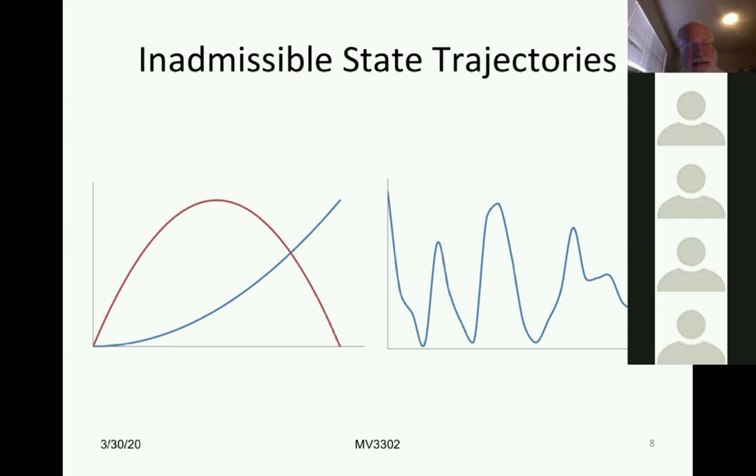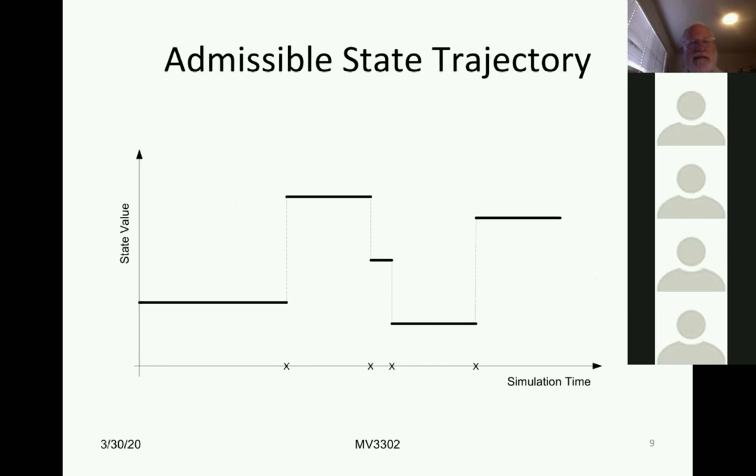Now, that may seem overly restrictive. It turns out it is not as restrictive as you might think, but let's just hold on to that. One of the nice things about discrete event states and state trajectories is that they're as simple functions as you could possibly imagine. So here's an example of an admissible state trajectory.